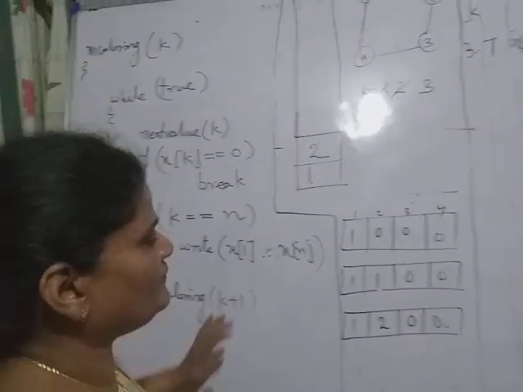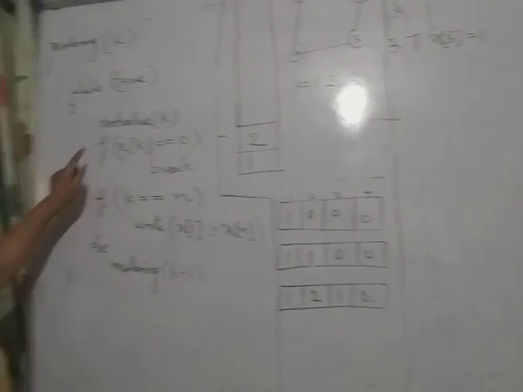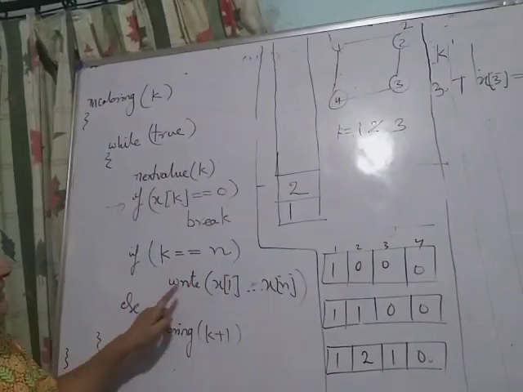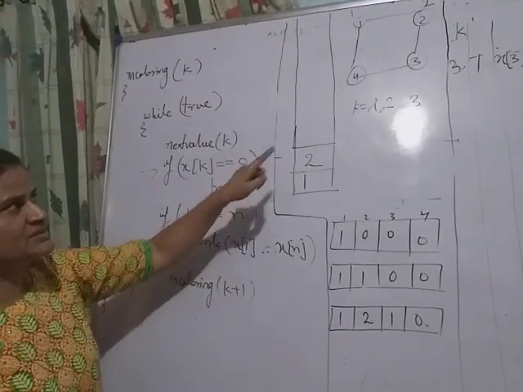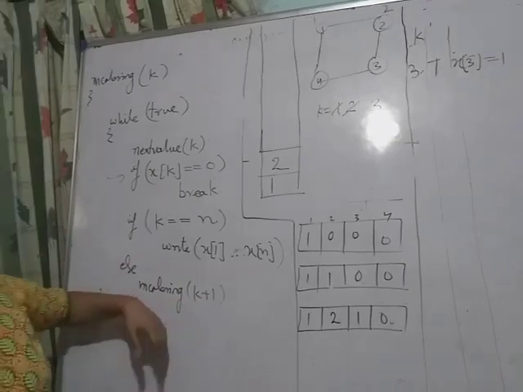Now the value of x3 is updated as 1. Now x[k] is not equal to 0, and k is not equal to n because k is 3. So now it will call m coloring k plus 1.